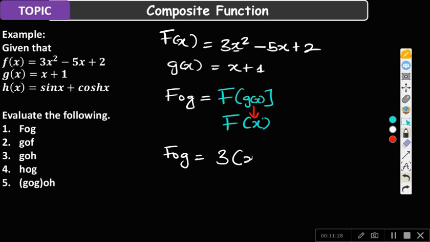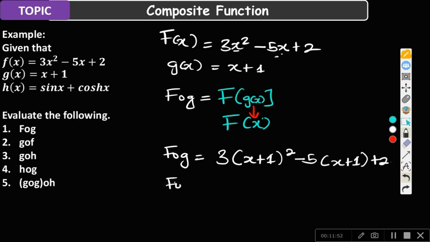So let us put x plus 1 here, and then you square it, minus 5, because that's the next thing for f of x. Now, in place of this x, you are also going to put the value of x plus 1. So we also have x plus 1 plus 2.